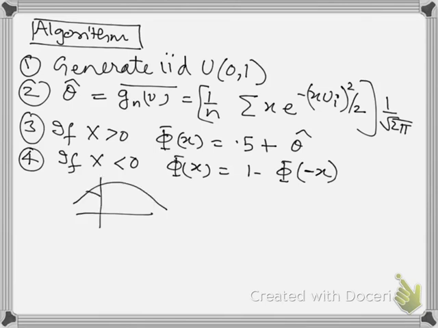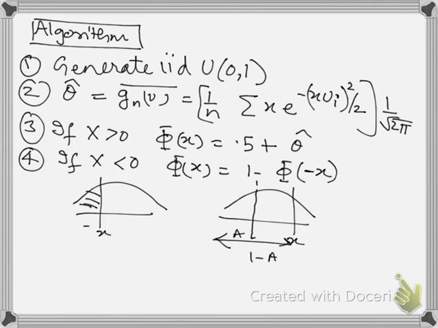If x is less than 0, this area is the same as if this is minus x. Whatever this area is, if this area is a, you do 1 minus a: the whole area is 1, you subtract that, you get this area, which is by symmetry the same as this area.